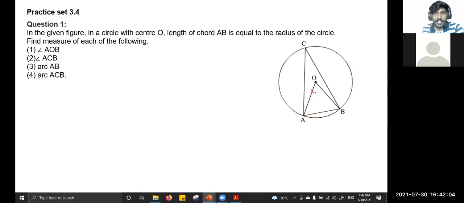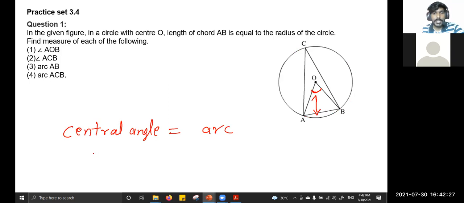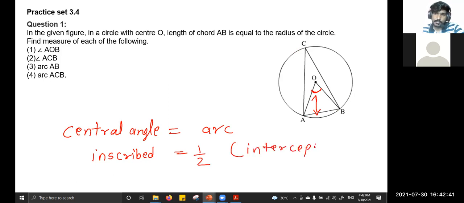So the central angle and the arc in front of it, the corresponding arc, have the same measure.